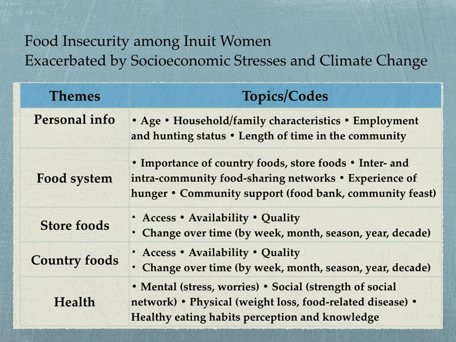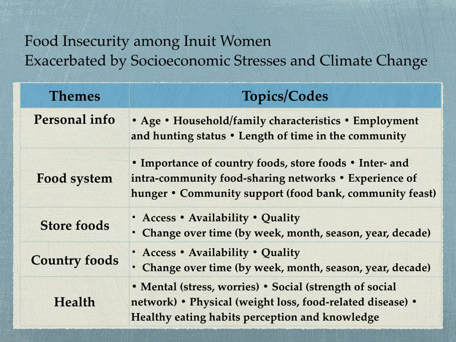So they talk about the themes in their data, and this seems to me like they very much used a deductive approach, in that they already had an idea before they started coding their data about these themes of personal info, food systems, store foods, country foods, and health. So they were applying that coding framework onto the data, and then they pulled out specific topics from the data.